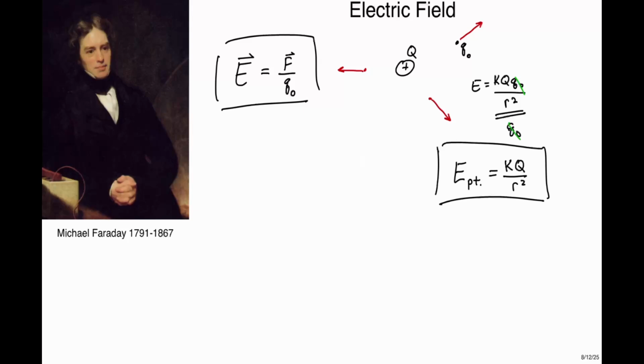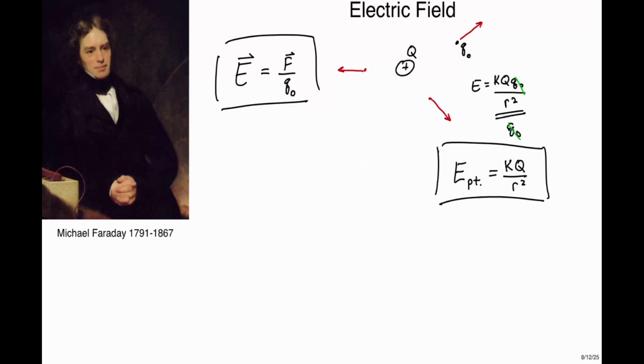No. The thing that makes electric field is the charge we're talking about, right? We want to find the electric field around that positive charge? Then the only thing we need to know is the charge that's there. It doesn't matter what the test charge is. It can be as big or as small as we want it to be. The electric field is caused by the charge itself. And it's the only charge we really need to worry about.